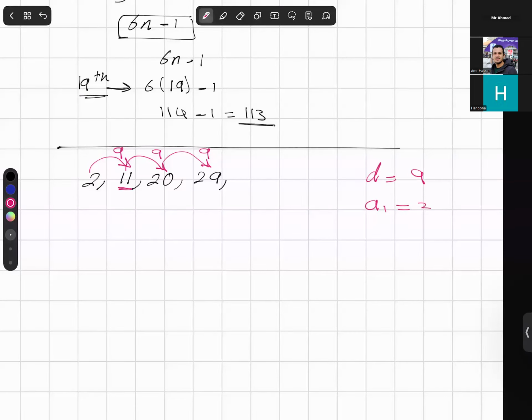So what is the rule? The nth term is a1 plus n minus 1 times the difference, right? So how could you do it?